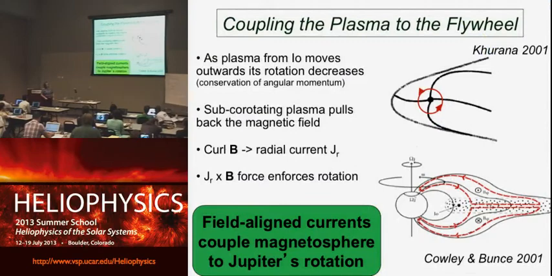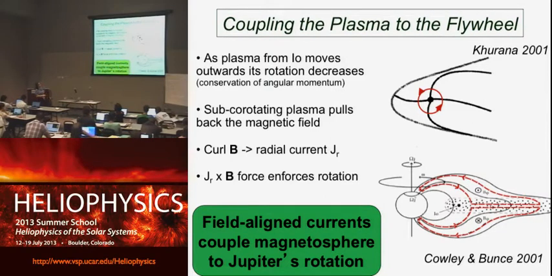Now, this is important. We're coupling to the planet, and we're coupling to a rotating planet. And so what happens is that as the plasma wants to move out, as it moves out, it will want to conserve angular momentum and slow down.